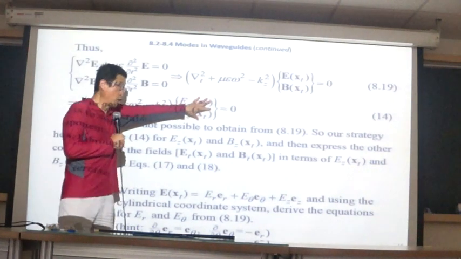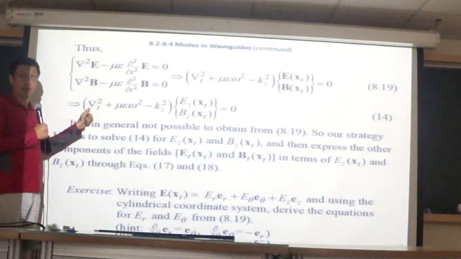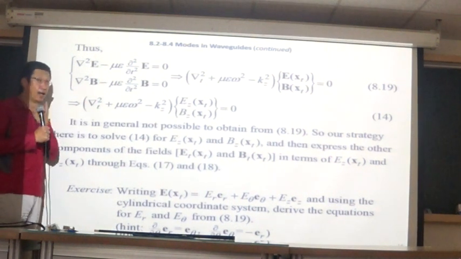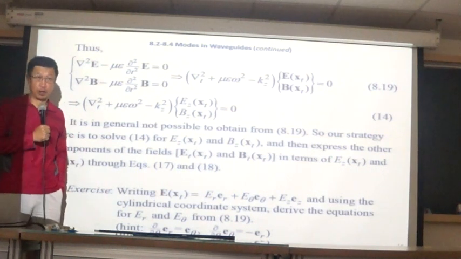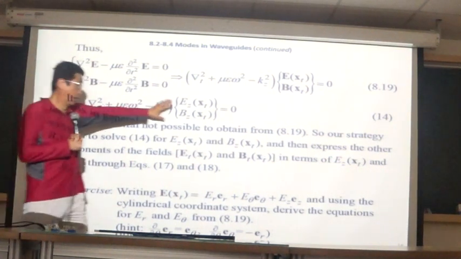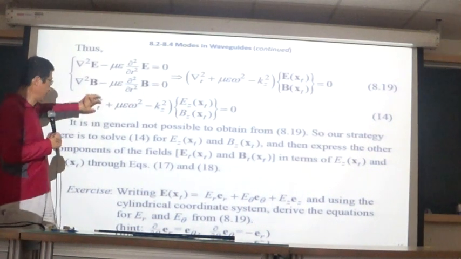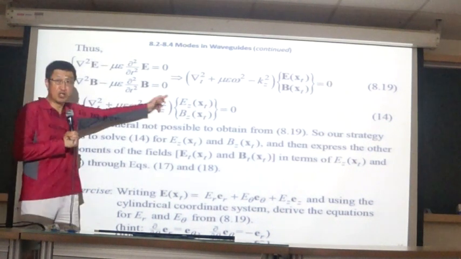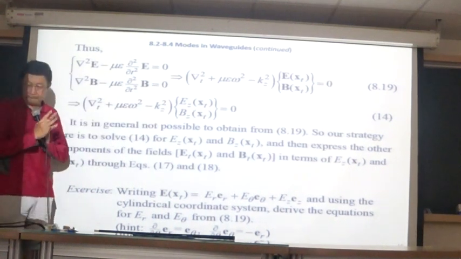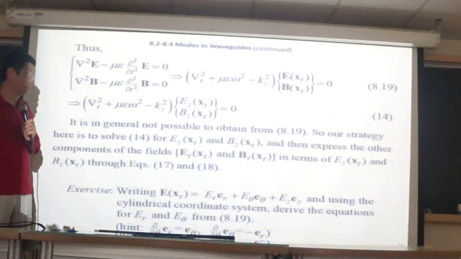This is equation 14. Okay? This looks like a Laplace equation, a two-dimensional Laplace equation. Actually, without these terms, yes, it's Laplace, but we still have these terms. So we can solve this one, EZ and BZ.